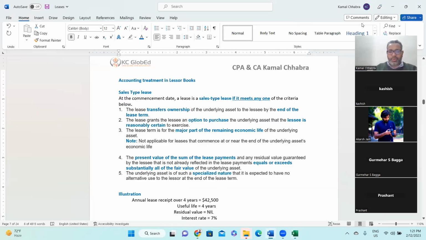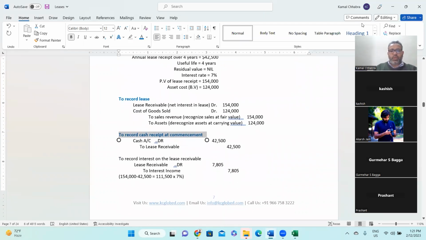So now come over here. When you receive the lease payment in cash, your cash will get debited, like debit what comes in and credit what goes out. What is going out is your receivable. So you are reducing your receivable and increasing your cash balance by 42,500, right?